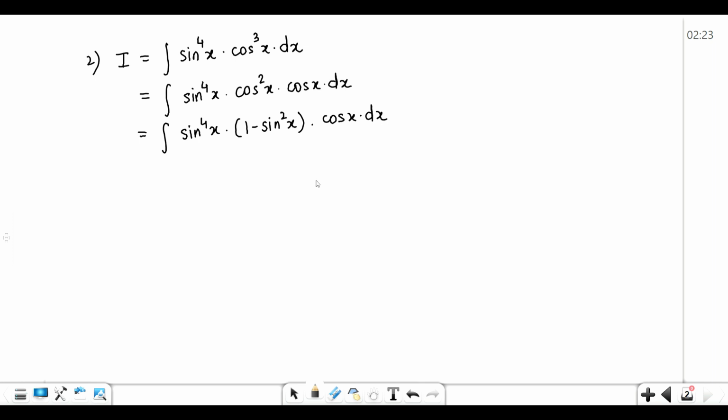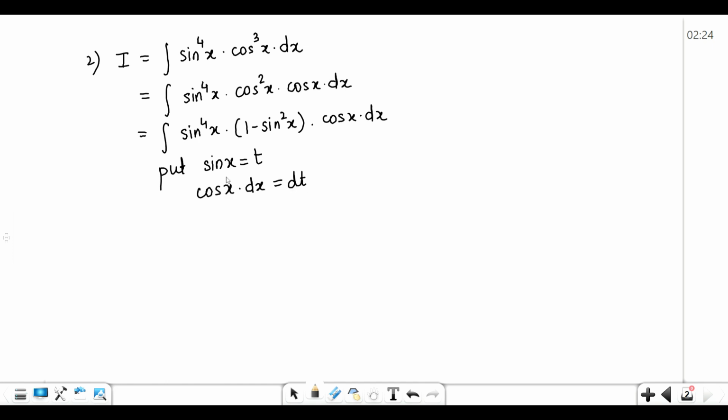Now what I have done is converted the cos in terms of sine while keeping one cos aside. The motive here is that we will substitute sin x as t, because the derivative of sin x is cos x dx equal to dt.